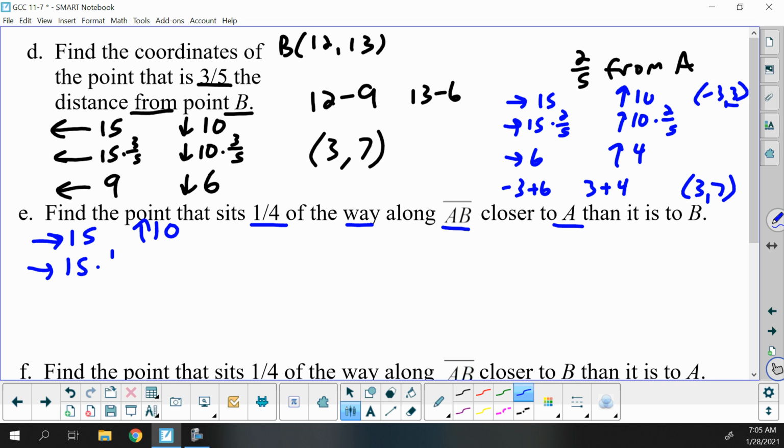We're going to do 15 times 1/4 and 10 times 1/4. So take a minute, put that in the calculator, 15 times 1/4.